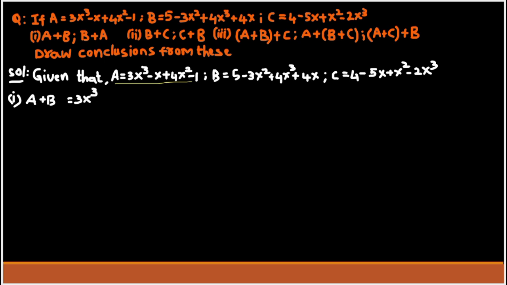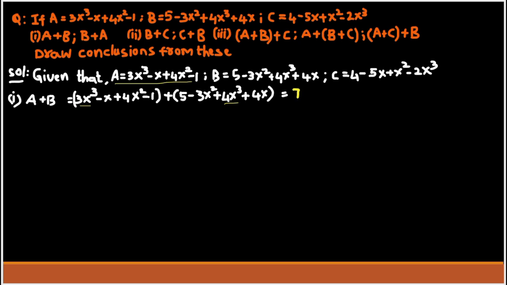A plus b is equal to, here the a polynomial is substituted and the b polynomial is also substituted. Here let's add the like terms. Here 3x cube from a and plus 4x cube from b are added.